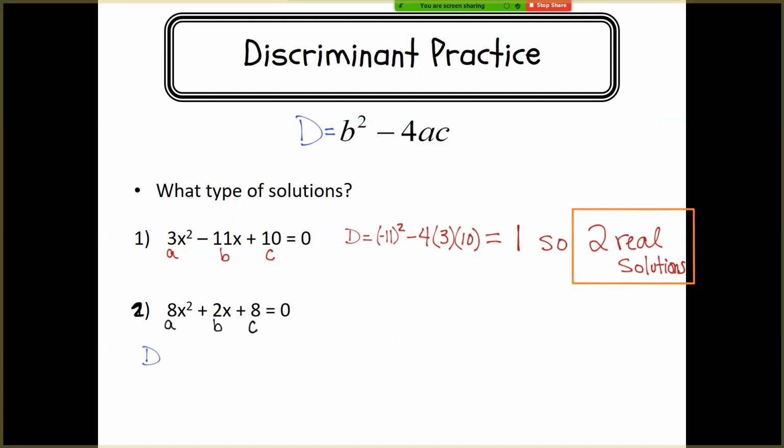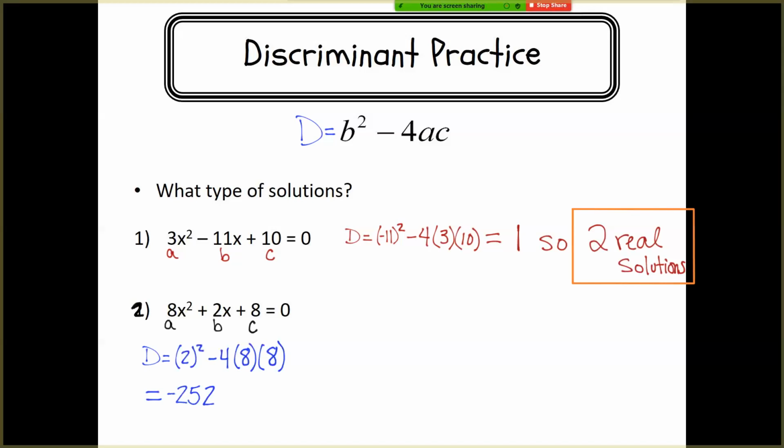To find my discriminant, I'm taking b squared minus 4 times a times c. So 2 squared minus 4 times 8 times 8. So type that in your calculator just as it's written on the screen. You should get a value of negative 252.